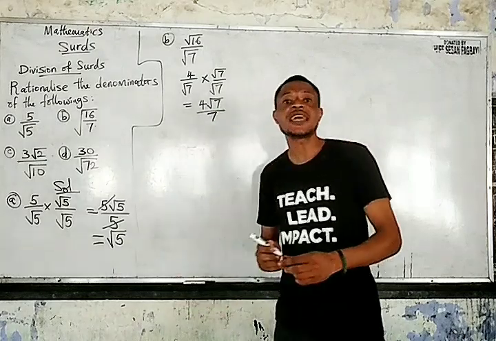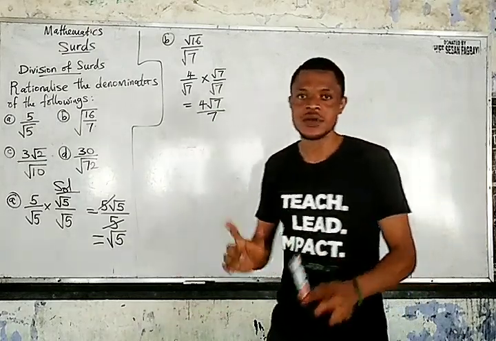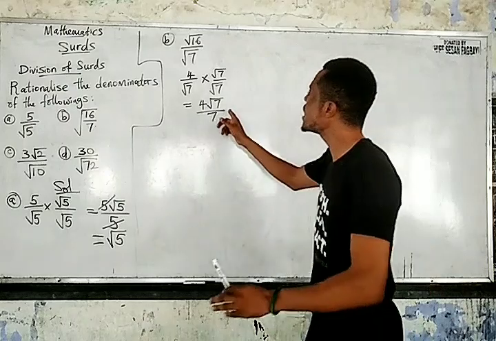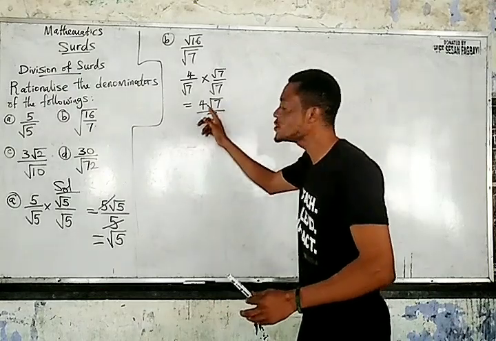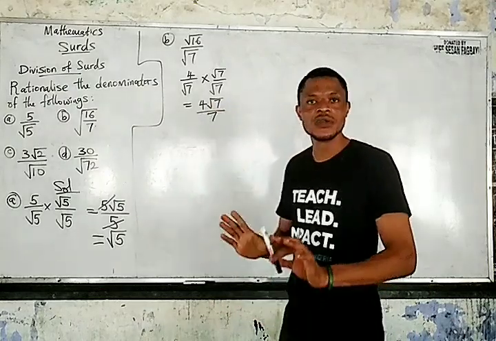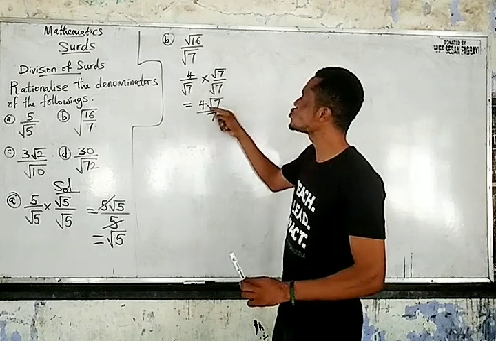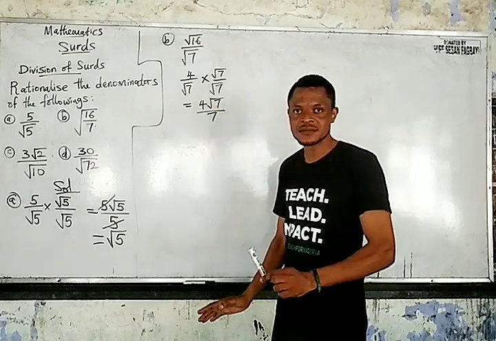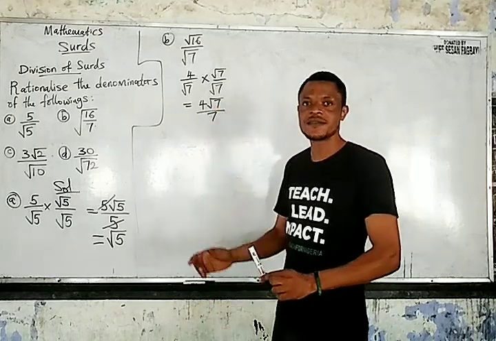In this case, there is nothing to be done. Don't make the mistake of saying 7 here 1, 7 here 1. That is a wrong notion. 7 cannot cancel root 7. This is your answer for this.